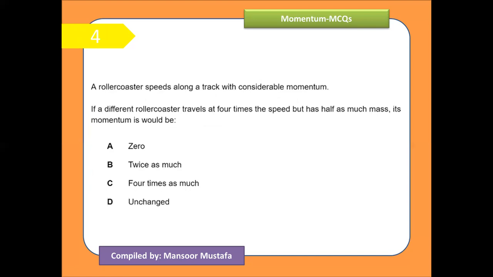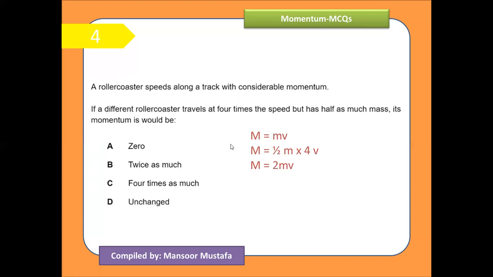If a different roller coaster travels at 4 times the speed but has half as much mass, its momentum would be? Now you have to tell that there are two roller coasters. Let's call them roller coaster X and roller coaster Y. It is mentioned that the speed of Y is 4 times greater than X, but its mass is half of X. So you have to tell the relation between the momentum of roller coaster Y and that of roller coaster X: will it be the same, increased or decreased?